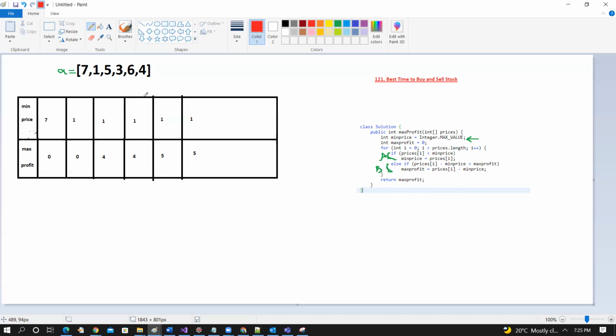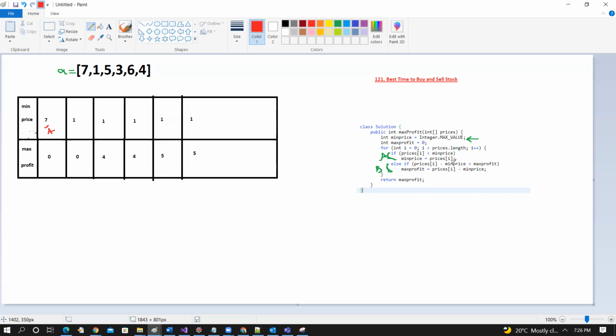So let's iterate with a dry run and understand this problem. It's an easy problem, we don't need to think much. At the very first iteration, the minimum price value is 7, because condition A fires, and we get a max profit of 0. In the next iteration, when 1 comes, what is our minimum value?